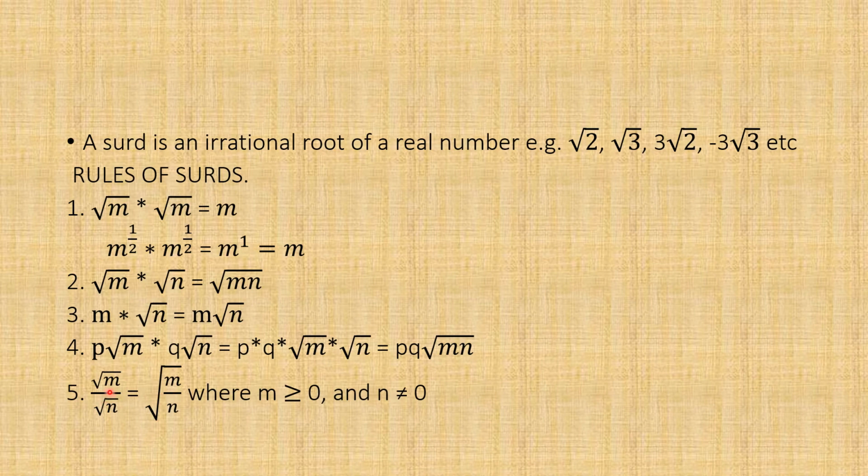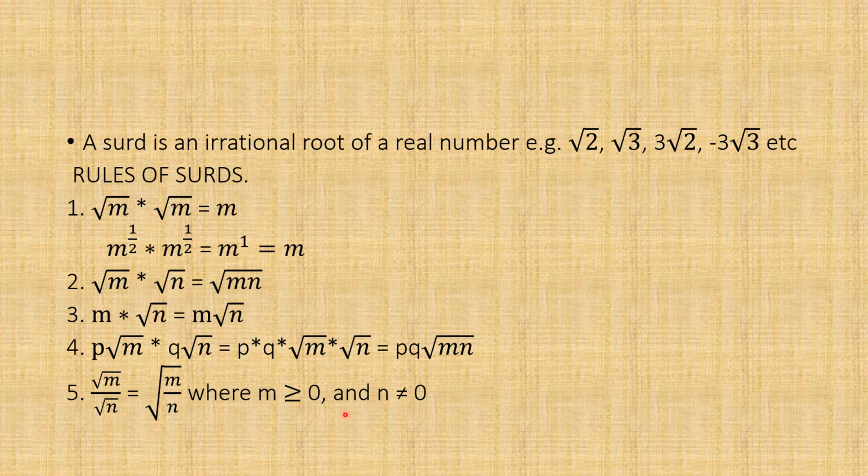Then our last rule, rule number 5, is a quotient. I have a quotient, root m over root n. This is the same as putting all of them under the same root, that is root of m all over n, where m is greater than or equal to 0 and n is not equal to 0. Why should n not be equal to 0?